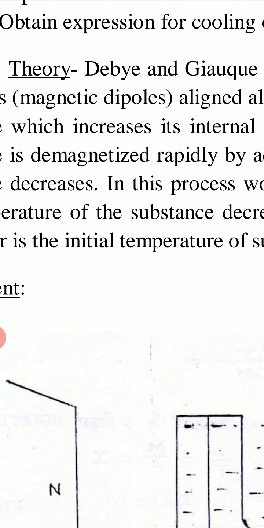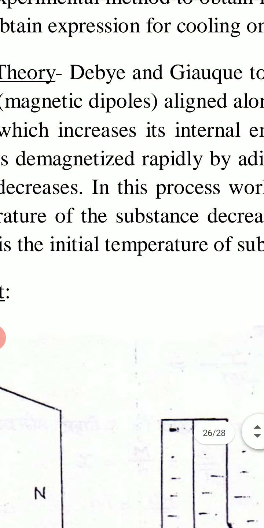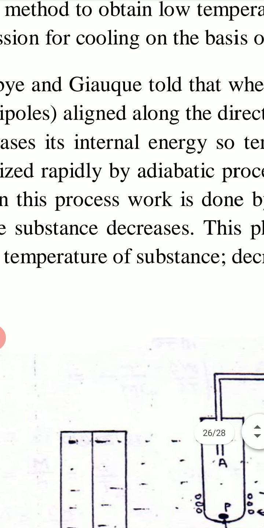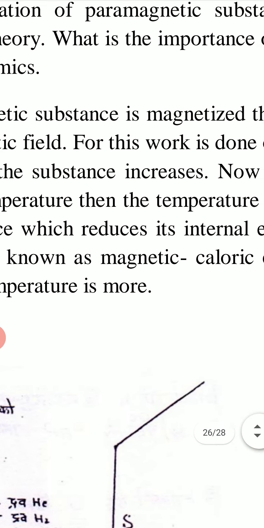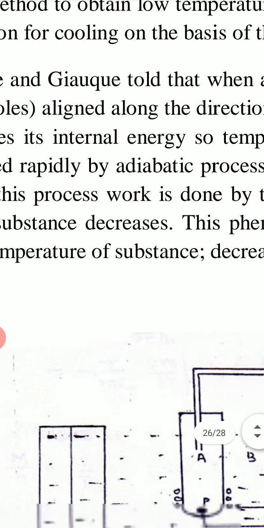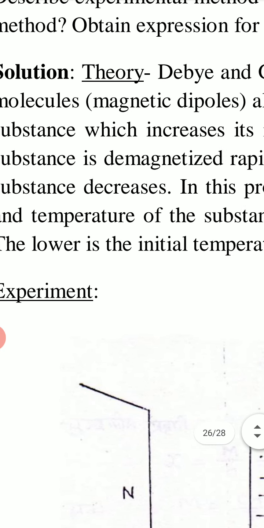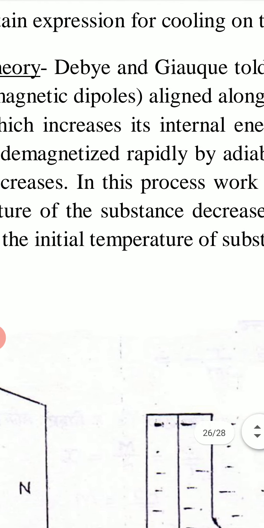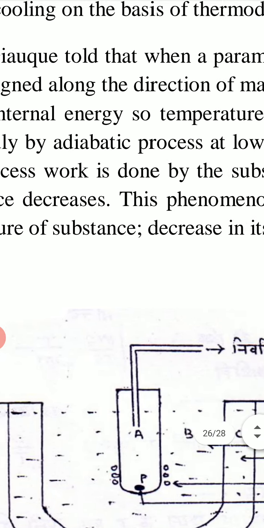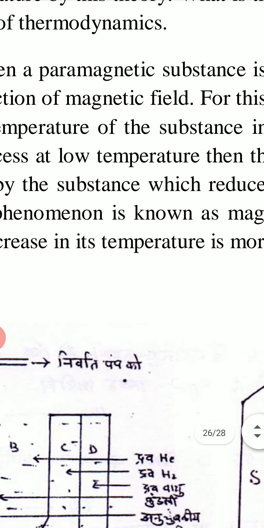First, we will see the theory behind the cooling produced by adiabatic demagnetization. Debye and Giauque told that when a paramagnetic substance is magnetized, then its molecules, which behave as magnetic dipoles, are aligned along the direction of magnetic field.